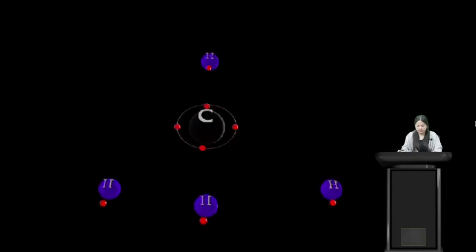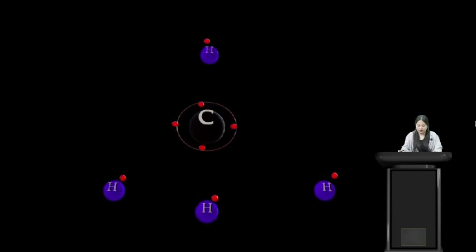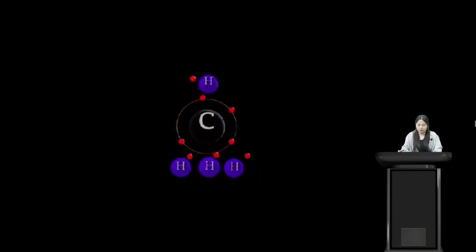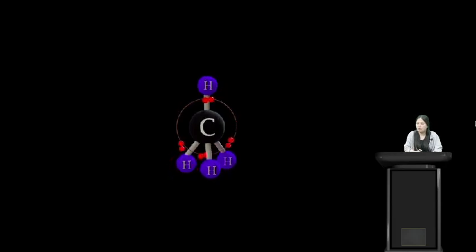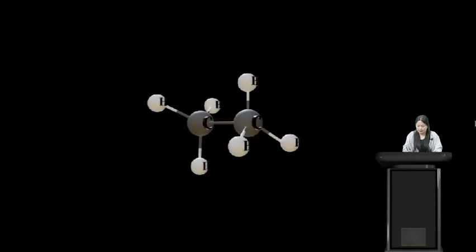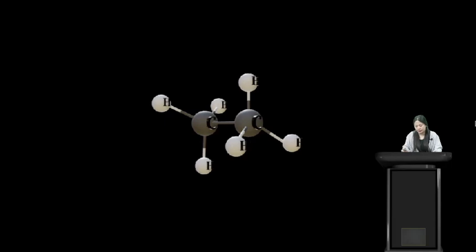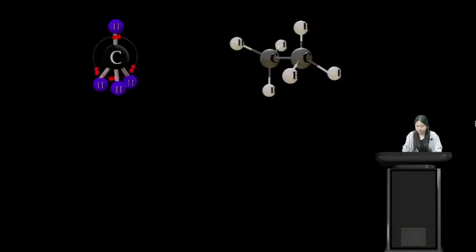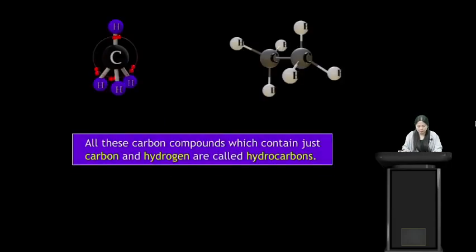Alright, students. So we have here again the structure of methane. We have been coming back to this compound, methane, again and again. We have another example here, ethane. Now, all these carbon compounds which contain just carbon and hydrogen are called hydrocarbons.